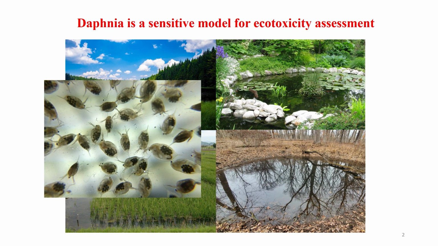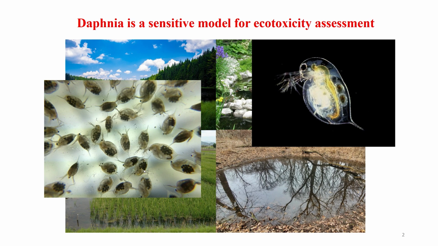Why are they used for ecotoxicity studies? Because they have a high reproduction capability. One female can lay about 10 eggs, and after 1 or 2 weeks, the offspring have already developed into adults and can again lay some eggs. The second reason is that they have a transparent body.